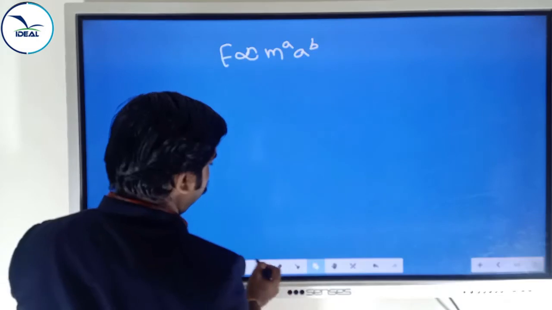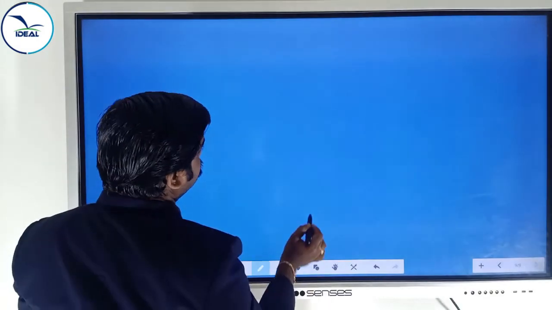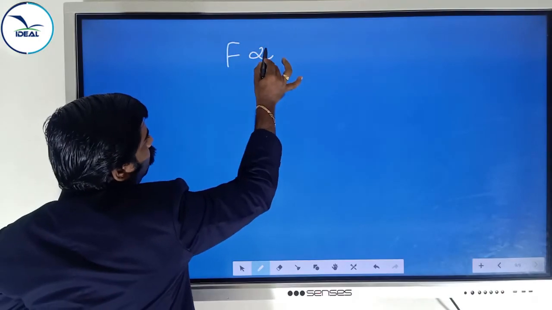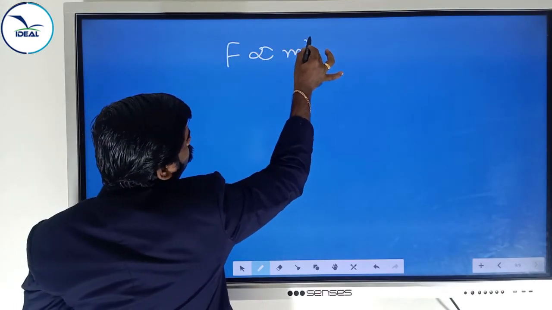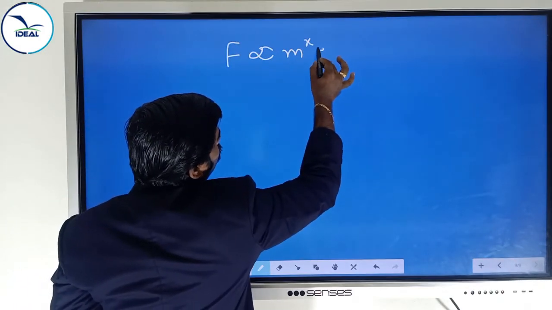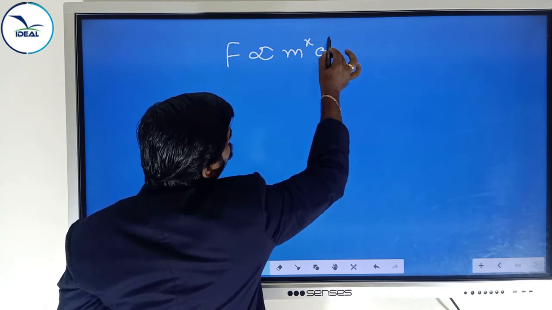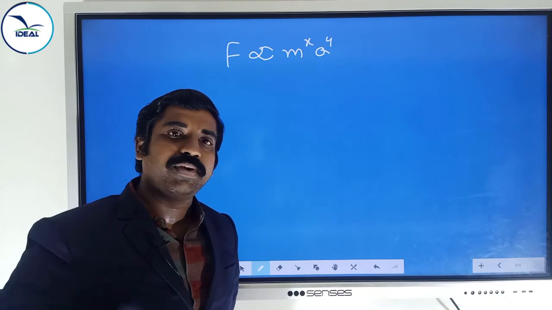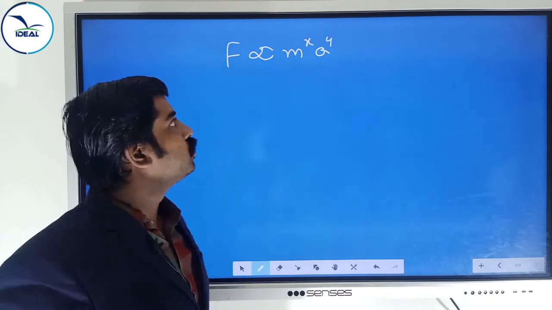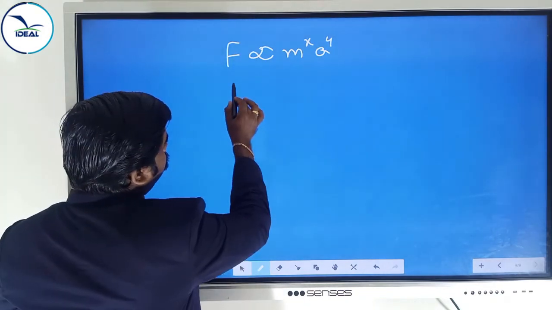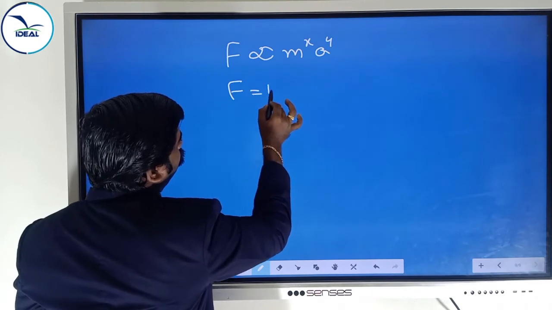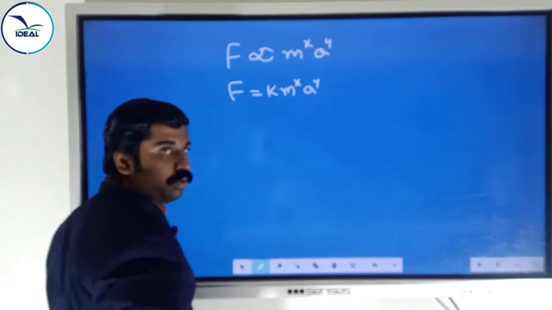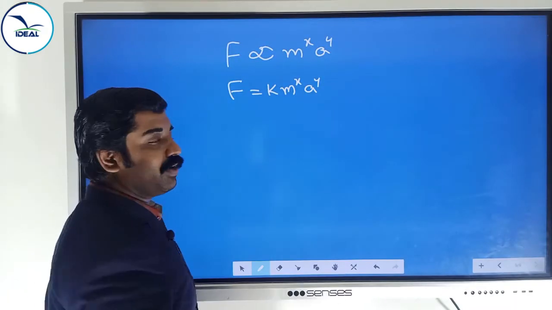We can change the variable, no problem. So F is proportional to M raised to x and A raised to y. Next step, we can write F equals K into M raised to x and A raised to y. We want to find this x and y.